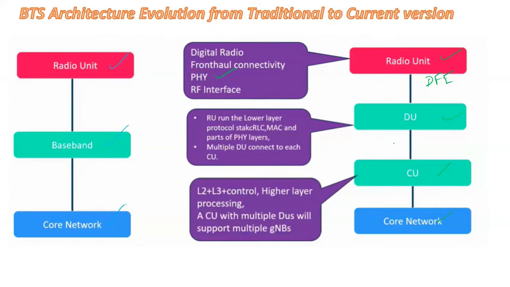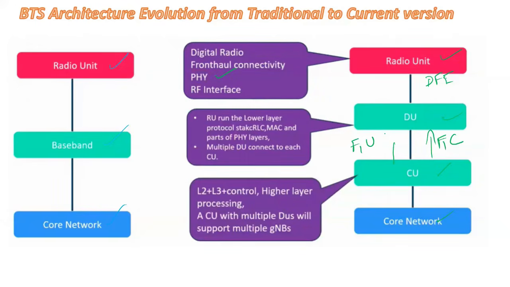The DU's operation is controlled by the CU, the centralized unit, which runs layers like RRC and PDCP. The DU is connected to the CU; for the control plane we call it the F1C interface, and for the user plane we call it F1U, the F1 user plane, right?